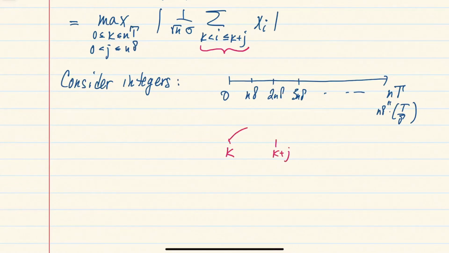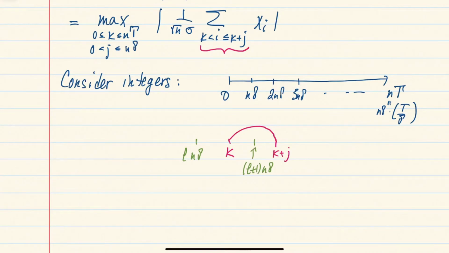Right? So we have a sum like this. And so let's consider a particular interval proportional to n delta where this k falls. So here you have some L times n delta, and here maybe you have L plus 1 times n delta.